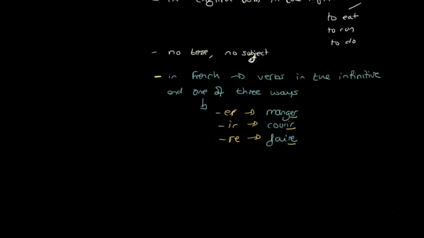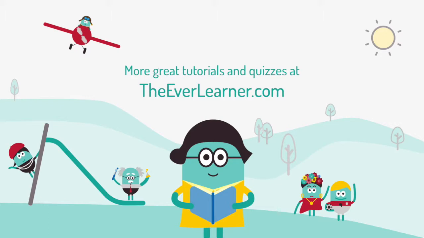Just something to be aware of, which is something we are going to be focusing on in this tutorial, is that the French infinitive isn't always translated as "to" something in English.